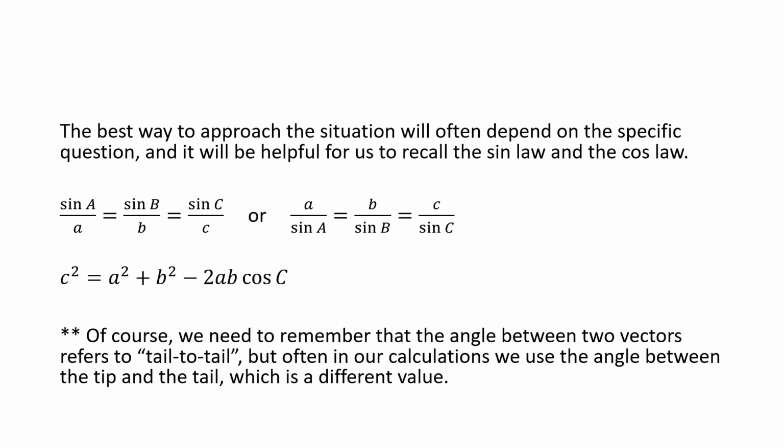So the best way to approach the situation will often depend on the specific question, and it'll be helpful for us to recall the sine law and the cos law. So here's the sine law written in front of you, and here is another version of the sine law. A lot of times we use the first version of the sine law when we're looking for an angle, and we use the second version when we're looking for a side.